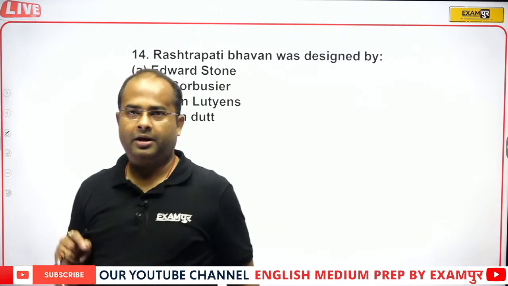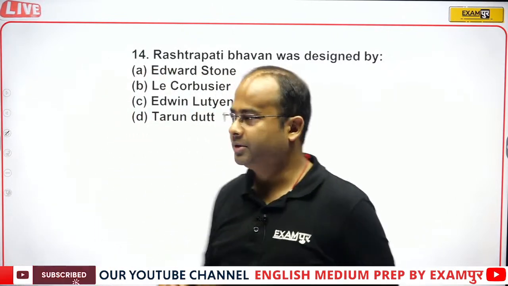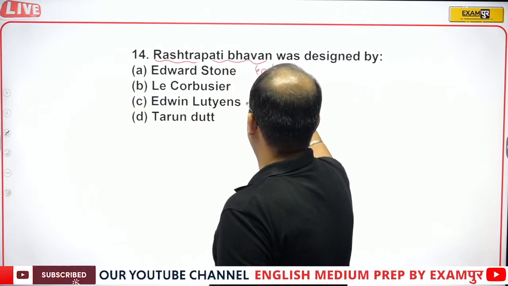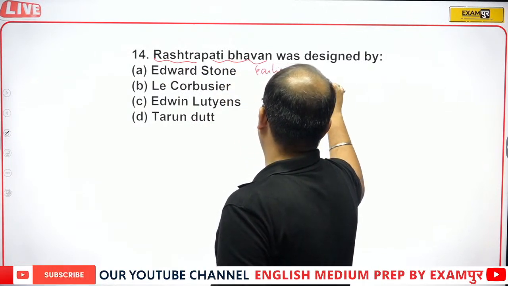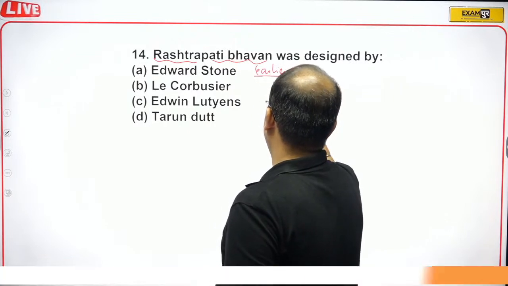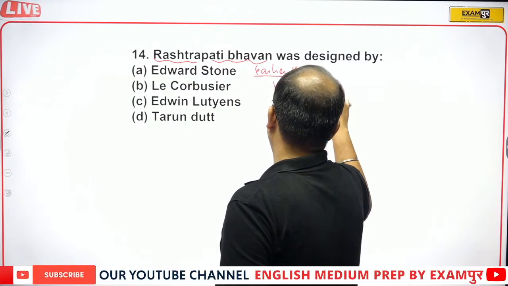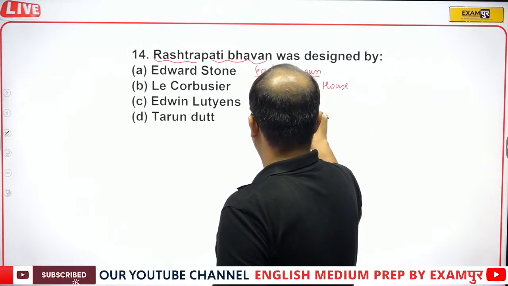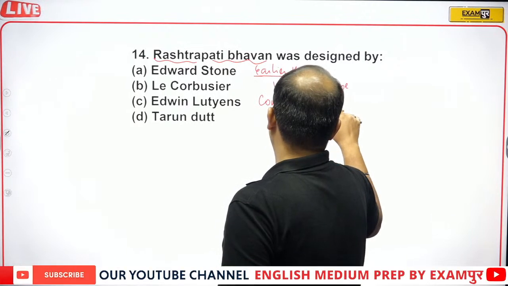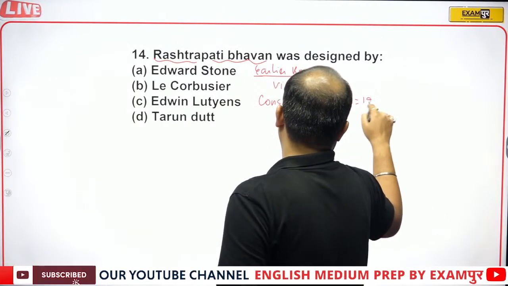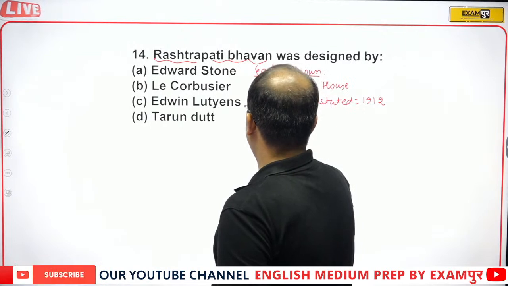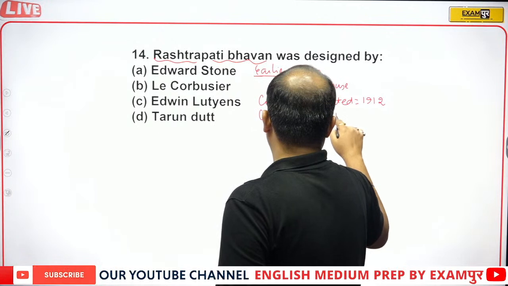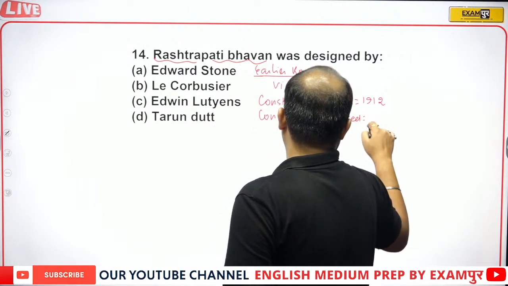Okay, let's see the name of the person who designed the Rashtrapati Bhavan. Guys, Rashtrapati Bhavan was earlier known as Viceroy House. The construction started in 1912 and was completed in 1929.